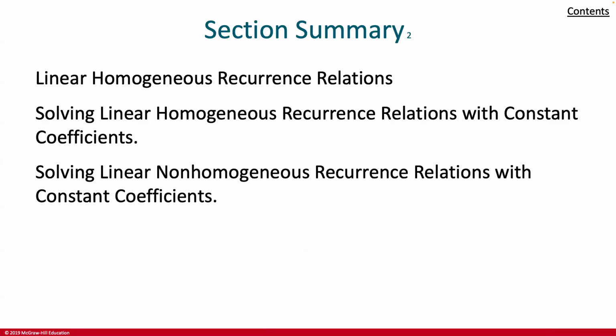These are recurrence relations that express the terms of a sequence as a linear combination of previous terms. So we'll talk about linear homogeneous recurrence relations. We'll talk about solving linear homogeneous recurrence relations with constant coefficients and solving linear non-homogeneous recurrence relations with constant coefficients.